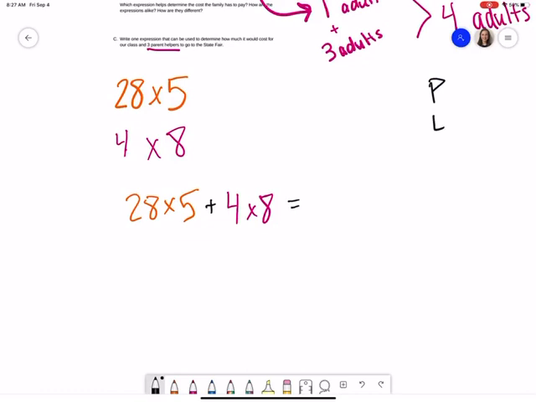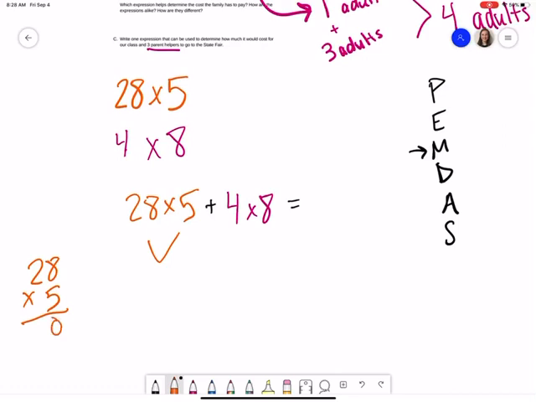If we are following, please excuse my dear Aunt Sally, what's going to go first? The addition or the multiplication? Multiplication, right? And we start with the first one, and then we're going to move to the second multiplication problem. So 28 times 5, and we'll do it over here. 8 times 5 is 40. 2 times 5 is 10.